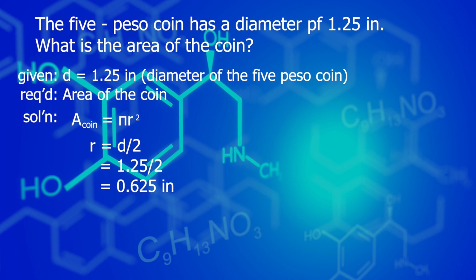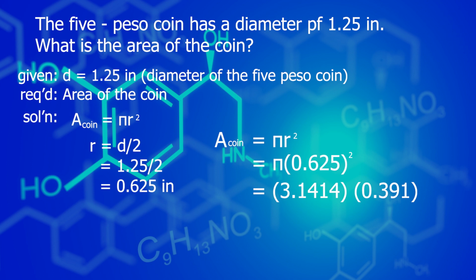So to substitute this to the formula pi r squared, the area of the coin equals 3.1416 times 0.625 squared equals 3.1416 times 0.391, and the final answer as the area of the coin is 1.23 inches squared.